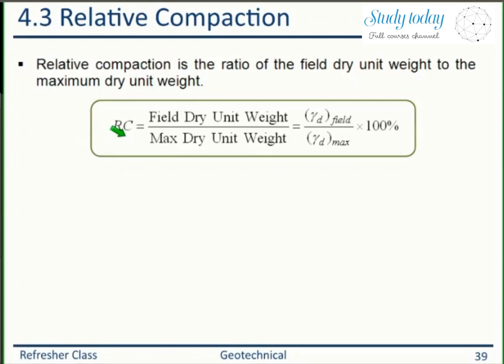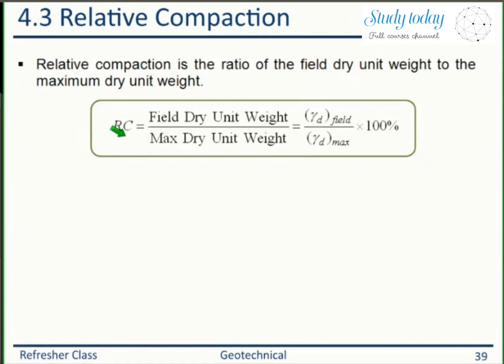The main thing is you should know the total unit weight and the moisture content, the water content. Although a very simple calculation, it is very powerful. And this is what we did yesterday in the phase relationships, right? We calculate the total unit weight, and for the given moisture content, we calculate gamma D. That is true for your sand, that is true for your clay.